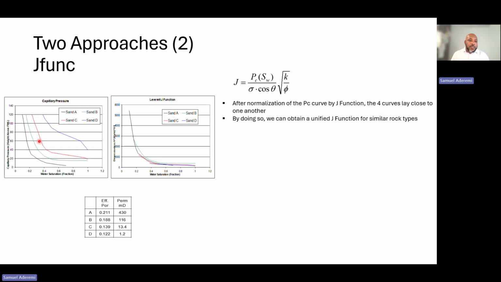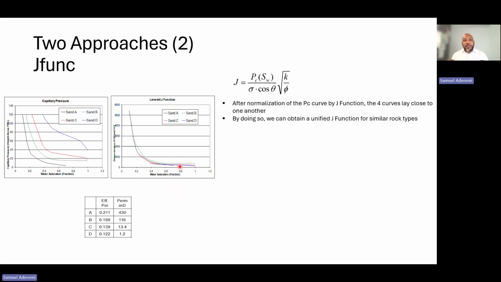Imagine we have four different porosities: a very tight rock, a very good rock with low capillary pressure, low water saturation, good permeability and porosity, and some other intermediate curves. If these are similar rock types, we can normalize all of this and obtain a unified J-function, which is what you have here.